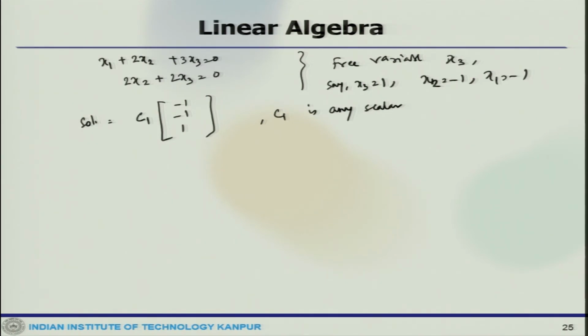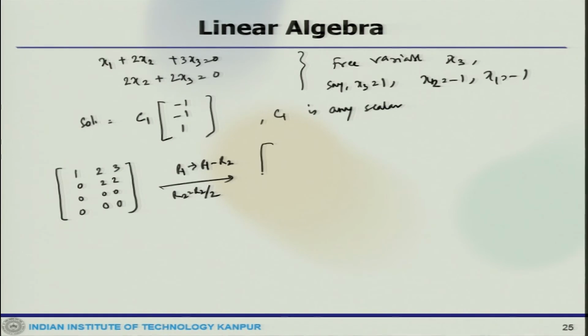Now from this particular matrix we will do a little bit more operations, where we have 1 2 3, 0 2 2, 0 0 0, 0 0 0. So we do R1 is R1 minus R2 and R2 equals R2 by 2.